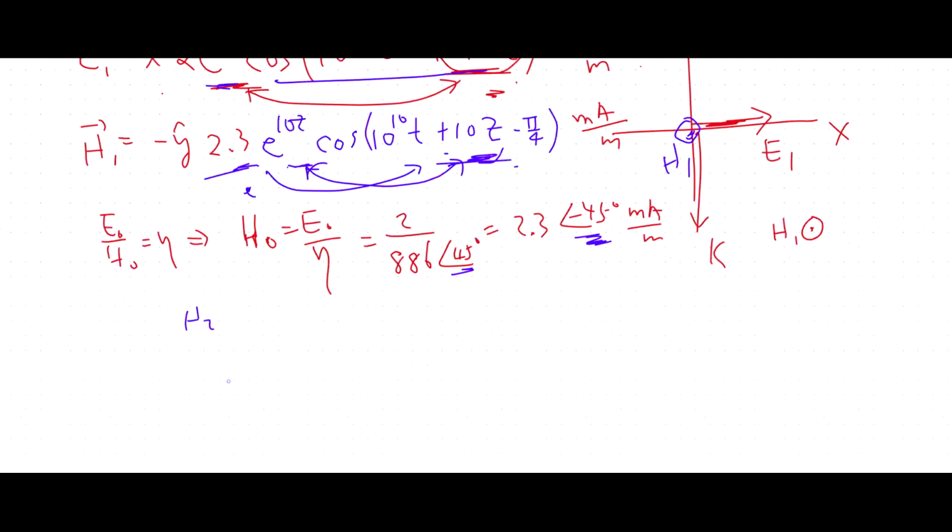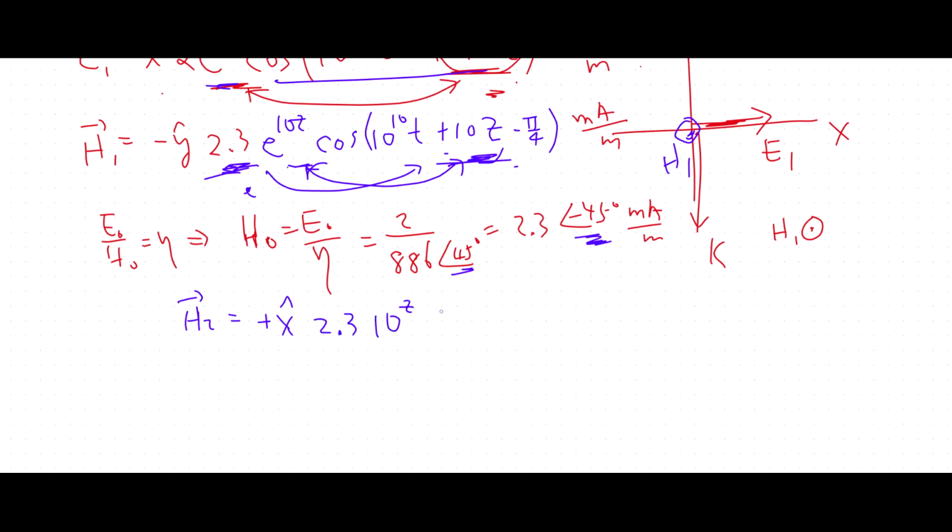So H2 is x hat, positive x. And then what's the magnitude? Same. How do I know it's the same? Circular means they are the same. Same attenuation.